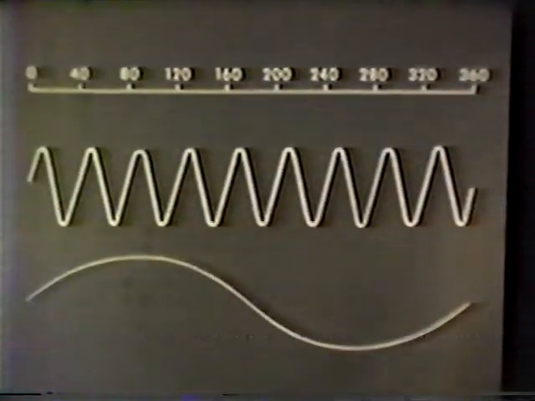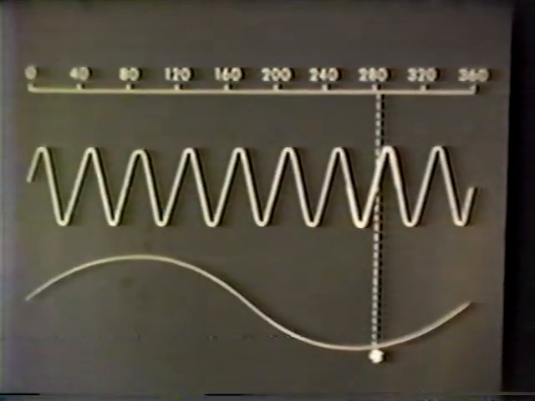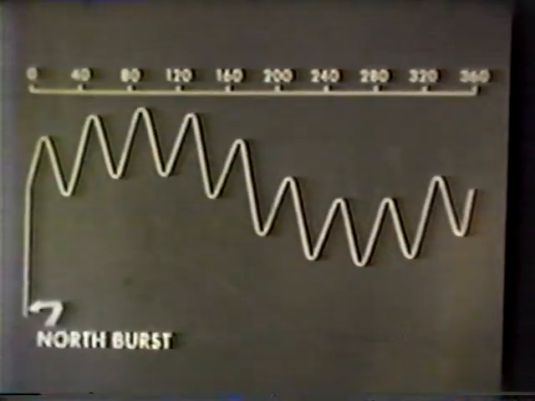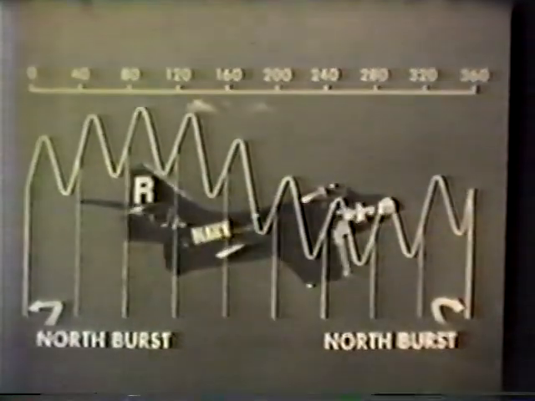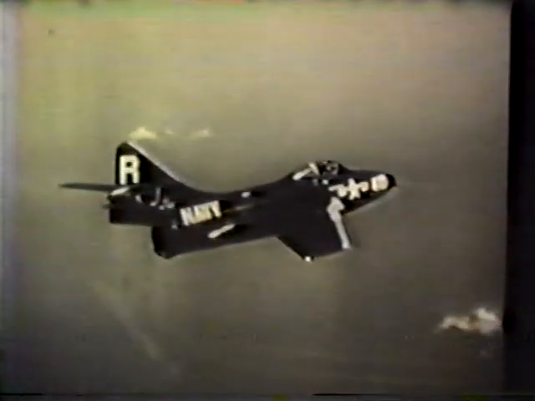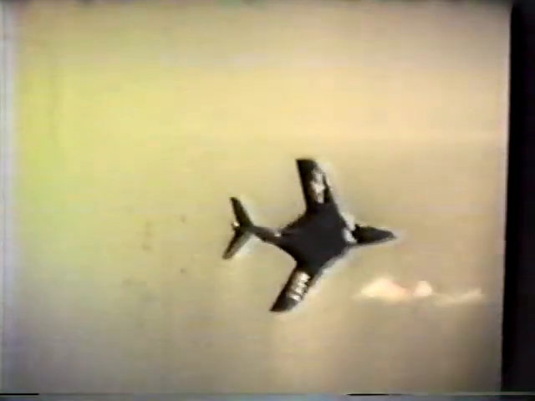The aircraft's equipment compares 15 and 135 cycle amplitude modulation with fundamental and auxiliary reference bursts to determine bearing. This electronic system, Tacan, Tactical Air Navigation, furnishes instantly accurate bearing and distance information to aircraft.